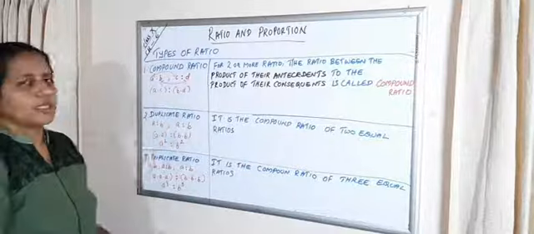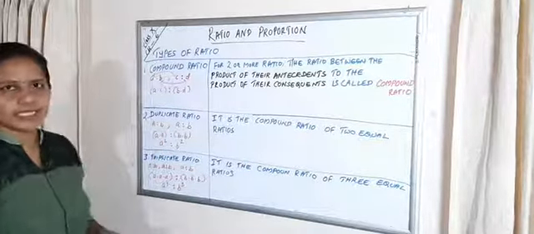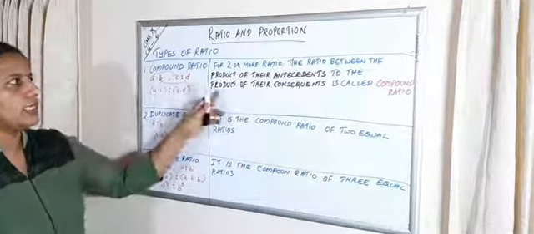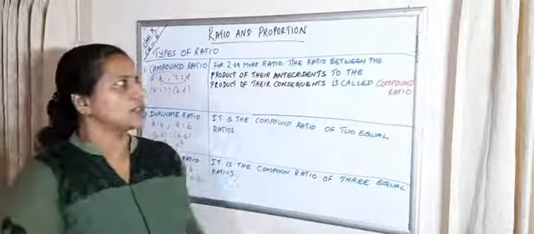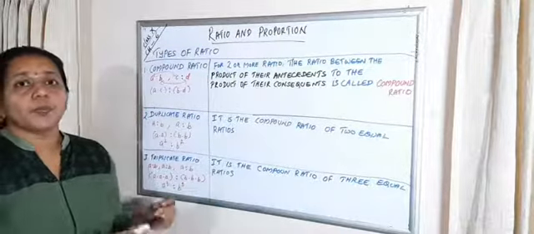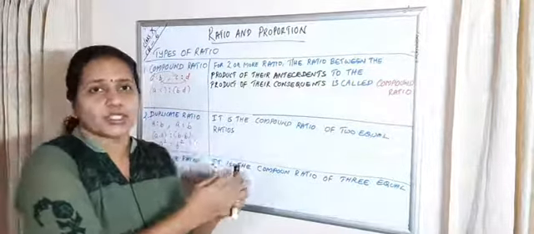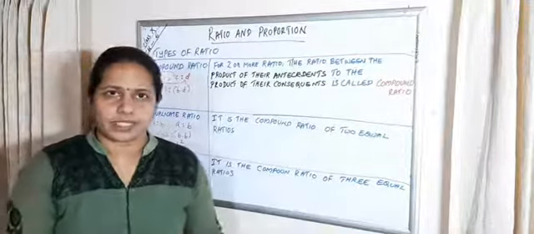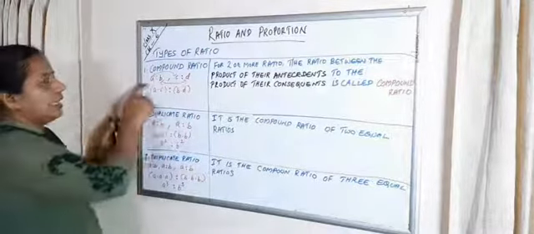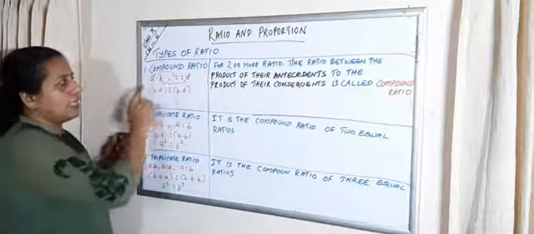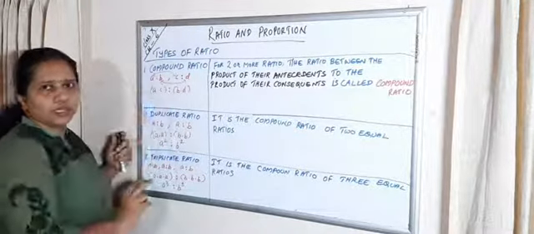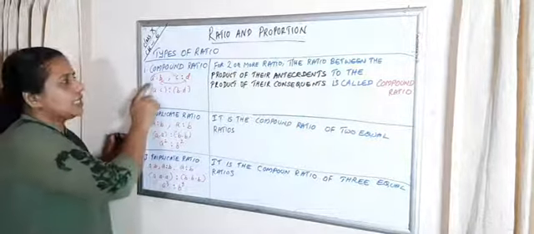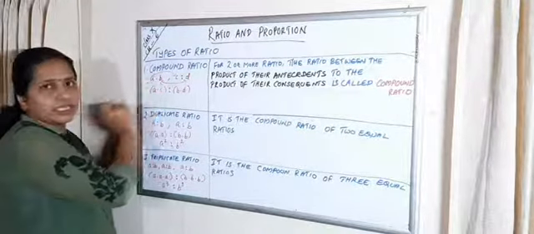Next, types of ratio. First one, compound ratio. That is for two or more ratios. The ratio between the product of antecedents to the product of consequents is called compound ratio. Here A is to B and C is to D are two ratios. Which are the antecedents in these ratios?